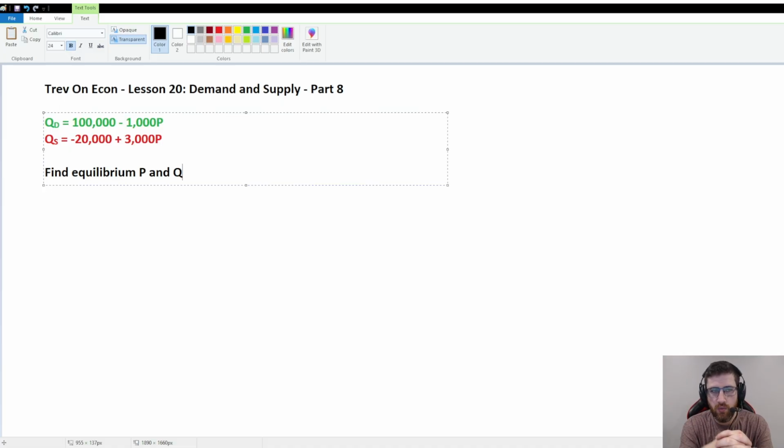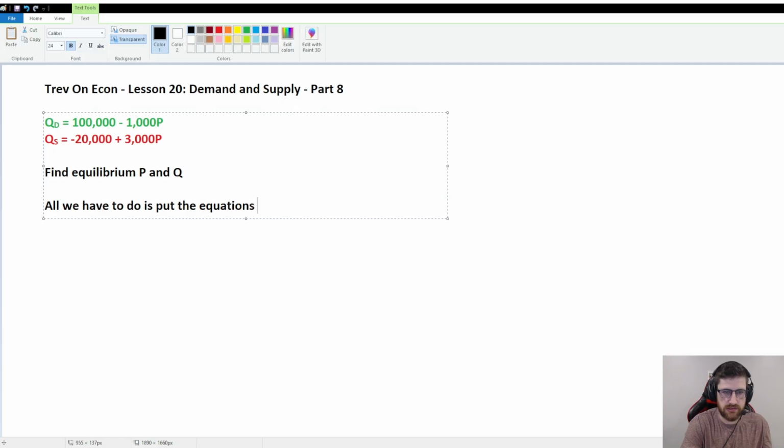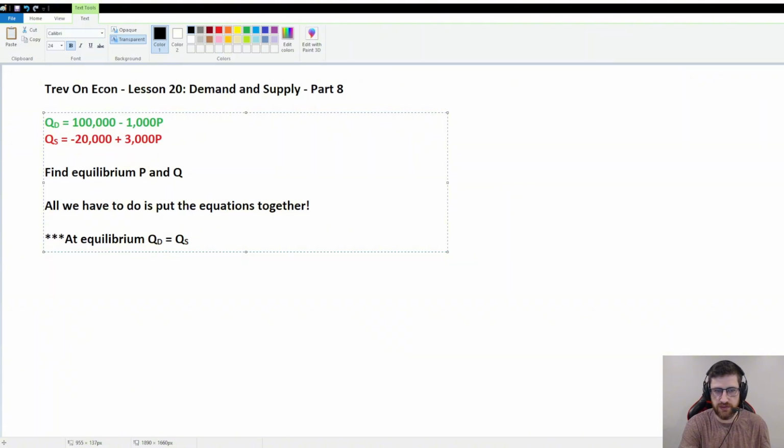Okay? What we're going to do is all we have to do is put the equations together. Okay? So remember, at equilibrium, QD equals QS. Okay?